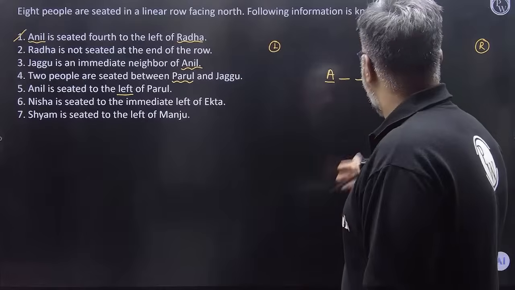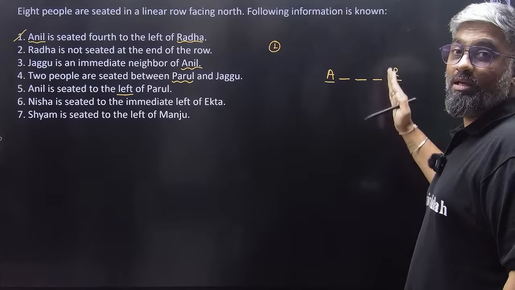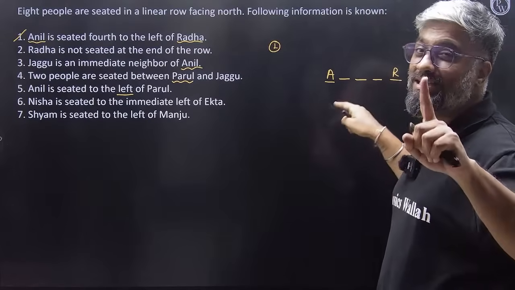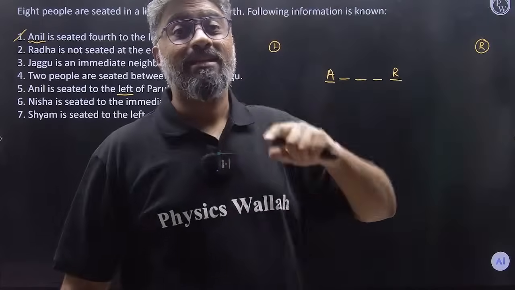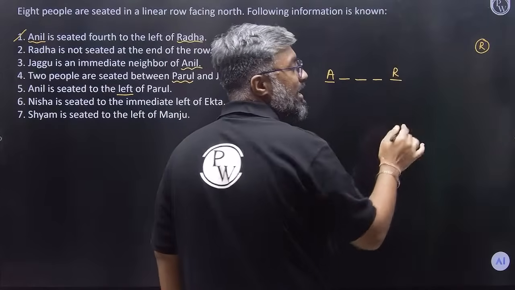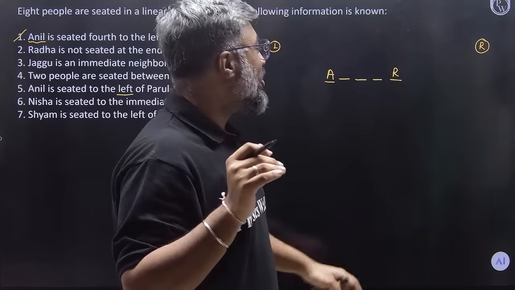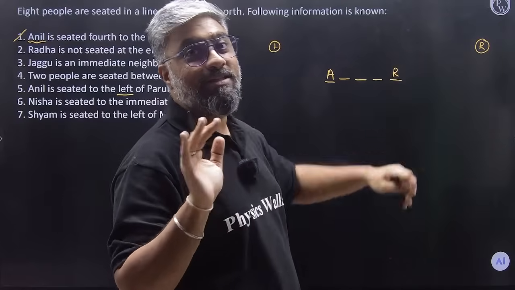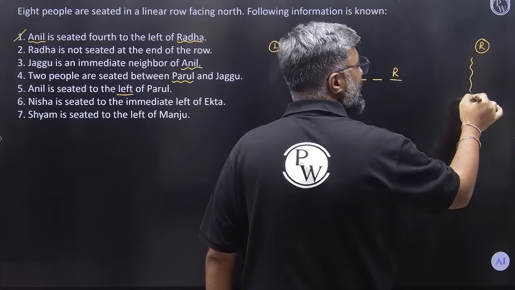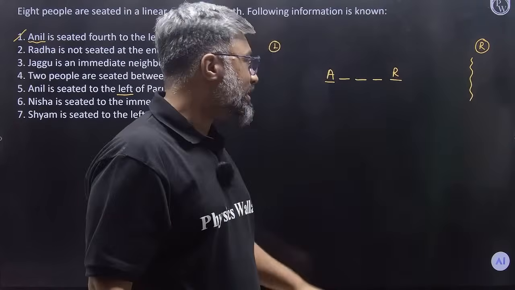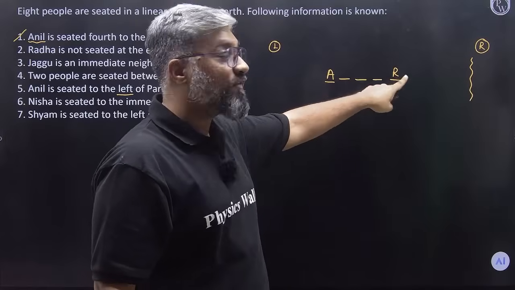Radha is not seated at the end of the row. Means what? This is not the end of the row. There can be at least one seat. Not exactly one seat, not necessarily one seat, but at least one seat. So there can be multiple seats here. So I'll put an end here. I don't know how many seats I can accommodate. I have 1, 2, 3, 4, 5 already.